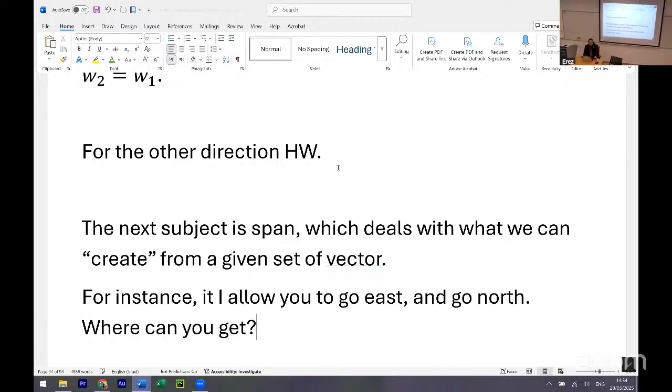I think we talked about it a bit with the New York cabins, right? It's the same thing, but now I'm going to formalize it. So if I allow you to go east, then go north, I think the first idea people would say is that I cover this.